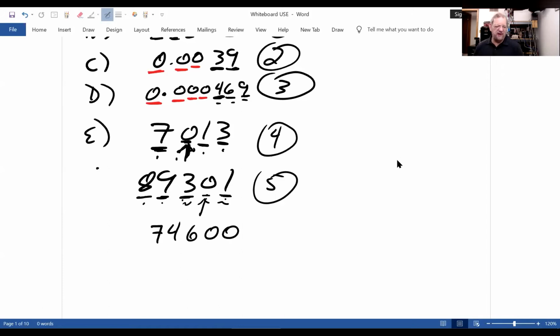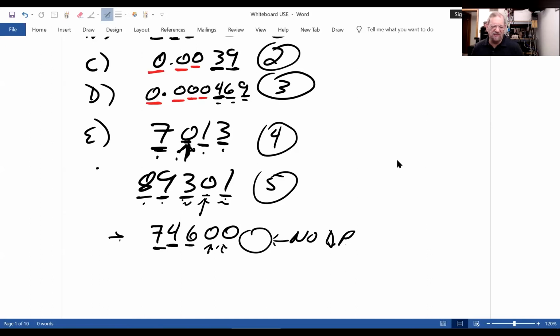And the question would be, in this one, how many significant figures? I'll do this one. Non-zero numbers are significant. Oh, zeros at the end. But notice if you take your magnifying glass and look here, there's no decimal point.